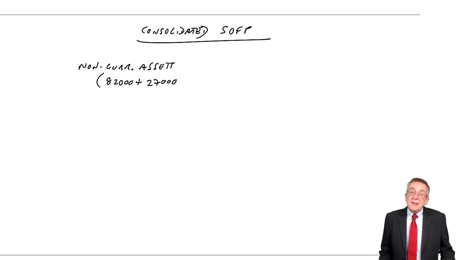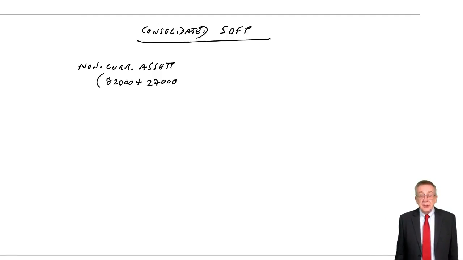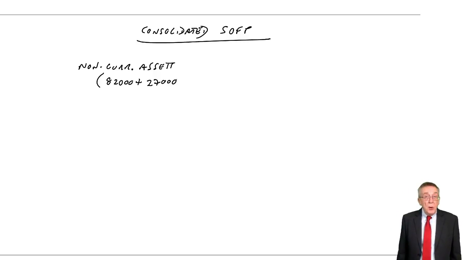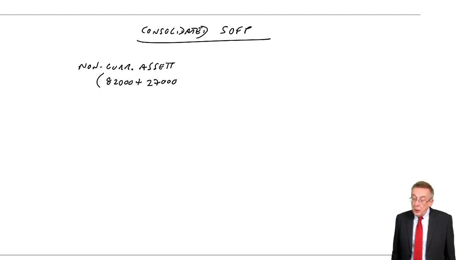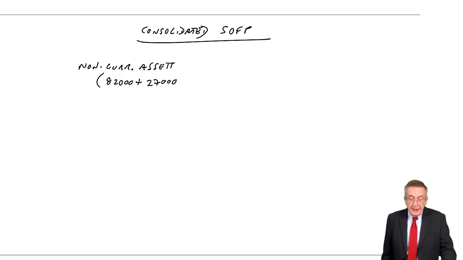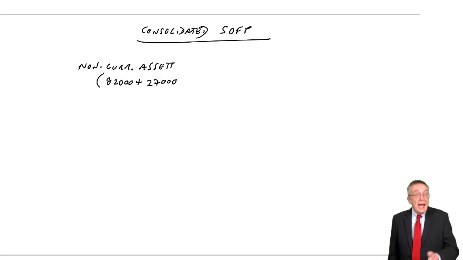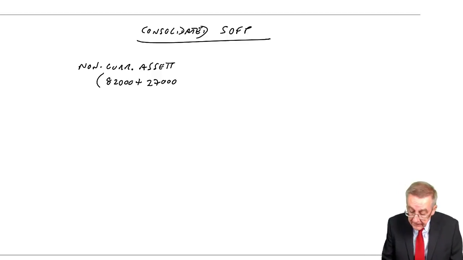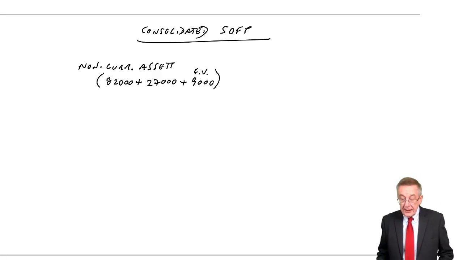And yet, we decided when we bought the shares that the non-current assets were worth 9,000 more. So from the point of view of the consolidated statement, we say the assets in S are actually worth 9,000 more than the 27,000 they're showing. So we add this fair value adjustment of 9,000.